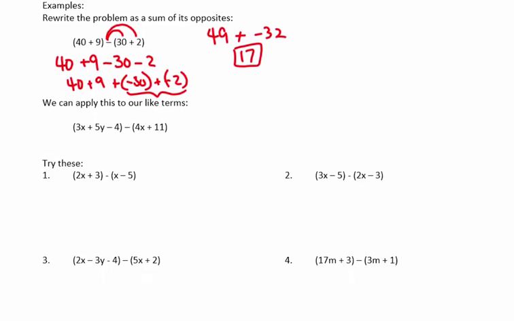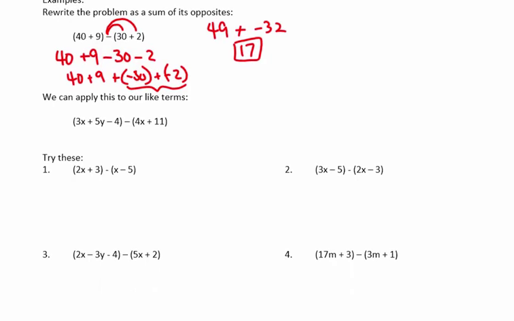So just like we can use that on numbers, we can also use it on variables. So in this case, we would have 3x plus 5y minus 4, and then the opposite of 4x, so that's plus negative 4x, and the opposite of 11, which would be plus negative 11.